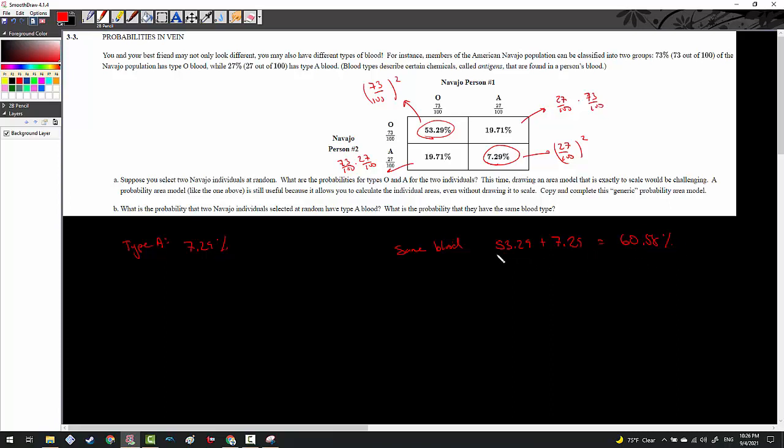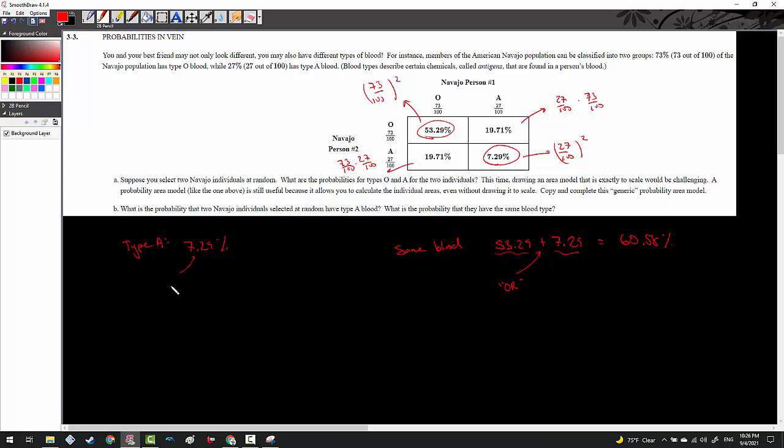And again, it's these two events happening, one or the other. What is this problem trying to teach you? That when you see the word or, you should start making sense of the fact that addition seems to be involved. And we saw that in the last problem here.